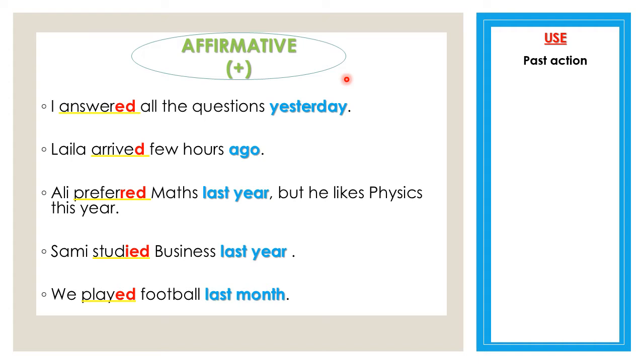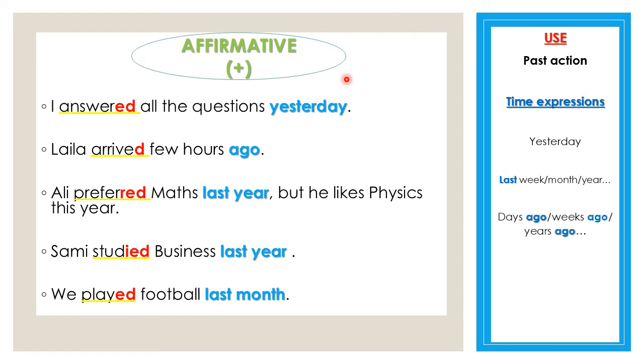How do we know that the action happened in the past? We have some time expressions. For example, yesterday, last week, last month, last year, days ago, weeks ago, and years ago. So whenever you see these time expressions, it means that you're going to use the simple past.